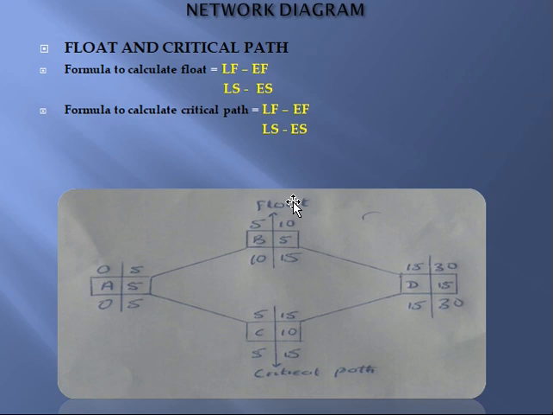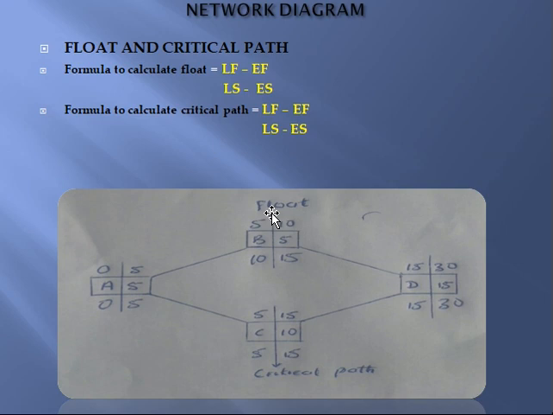You get 5, you understand? In the same vein, if you remove this early start from this late start, you also get 5. You understand? So for this particular activity, we have 5. Then for this particular activity, we have 0.